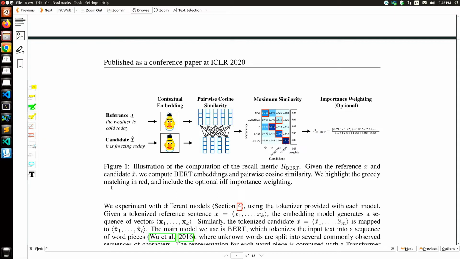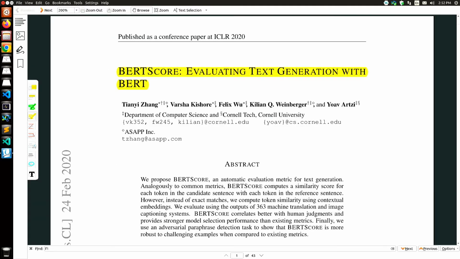We pick the most similar words and calculate precision, recall, and F1 score among them. Overall, the main improvement of BERTScore compared to traditional approaches like BLEU is that BLEU's n-gram approaches do not capture the position and context of the word and simply rely on exact matching.